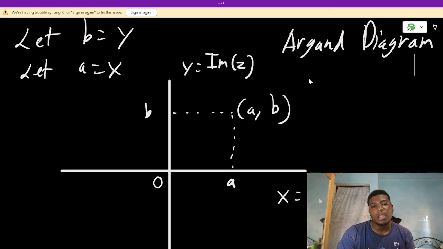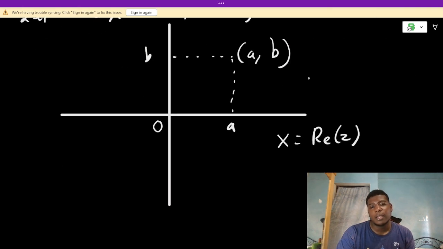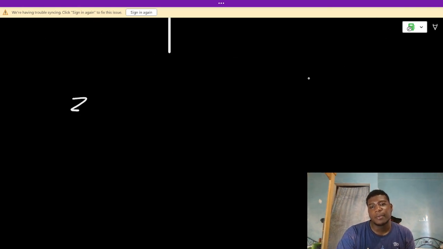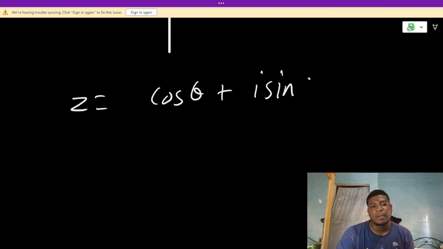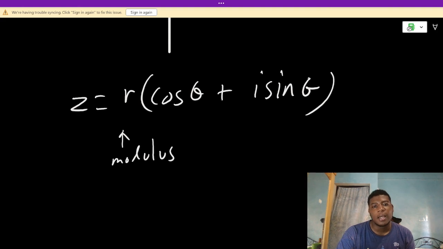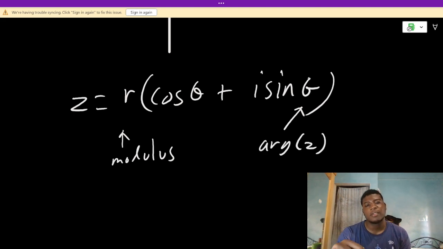In our polar form, we have something like this: r times cos of theta plus i sine of theta, where r is the modulus and theta is the arg z, the argument of the complex number z.